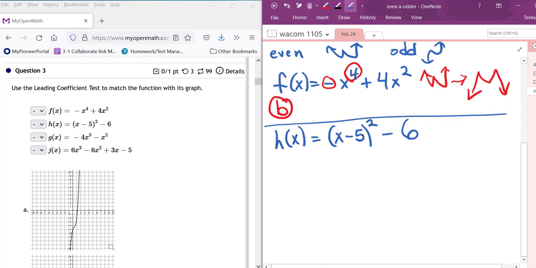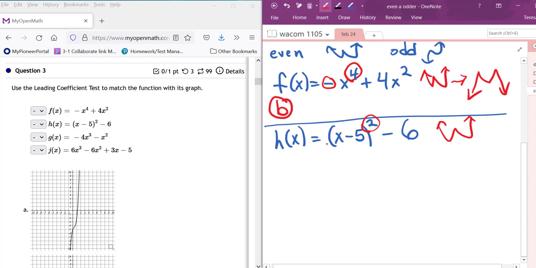If this was multiplied out, it would just be an x squared. You don't care about the other terms, so it is even. It's a degree 2. If you remember from last lesson, this one's a parabola. But degree 2 is going to make it look like this somewhat, but on a parabola, this piece is just flatter. Okay, but the ends still look the same, right?